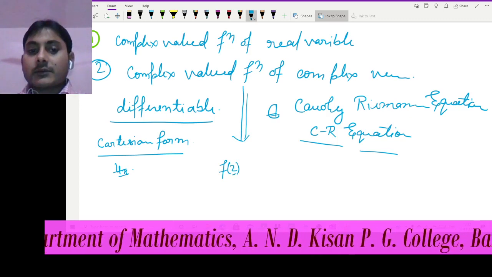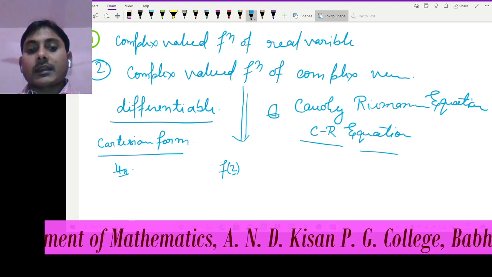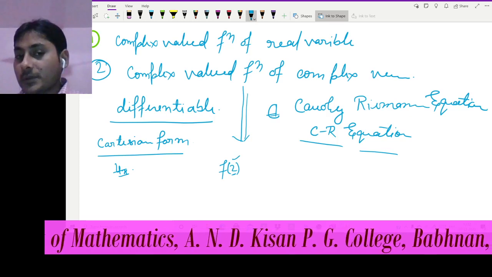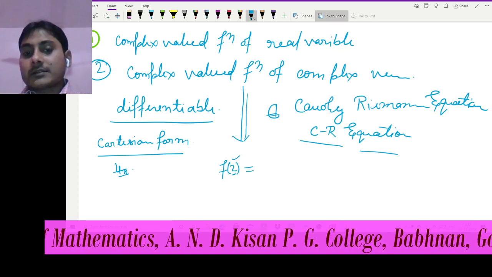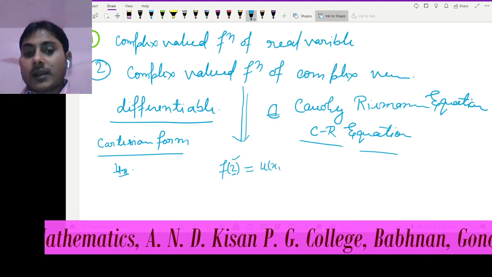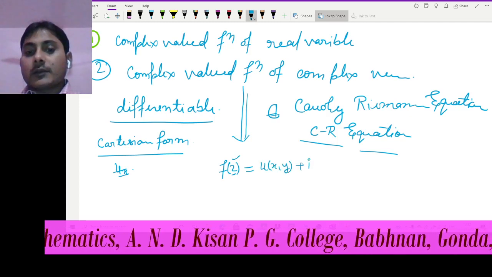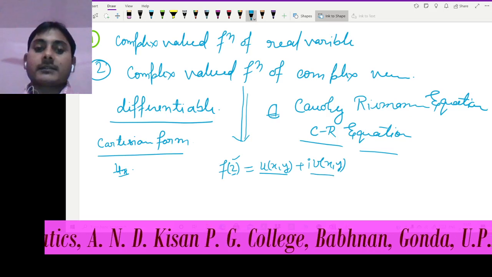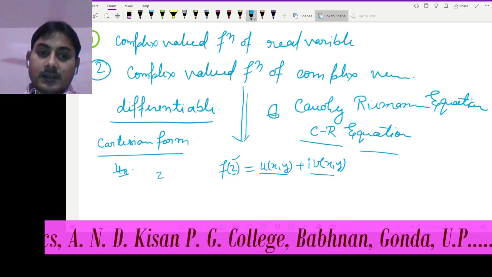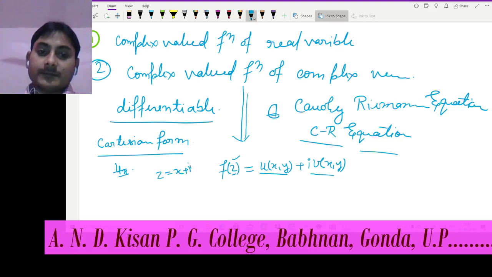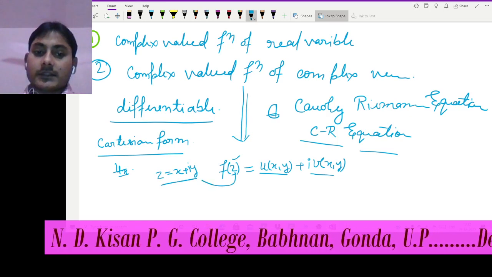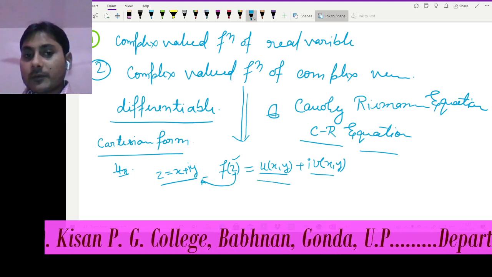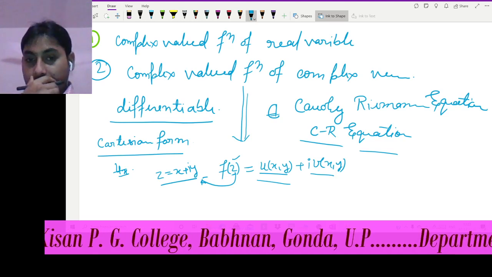In that case your variable is complex as well as the value is complex. So its general form is u of x,y plus iota times v of x,y. Here I am taking z equal to x plus iota y. Whatever z you take is of the form x plus iota y, and with respect to that, the general form of a complex valued function of a complex variable can be given in this form.